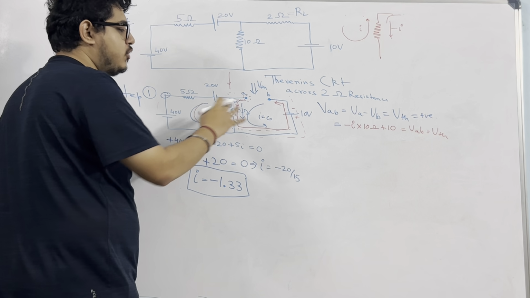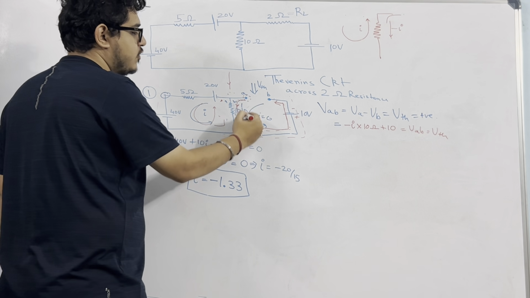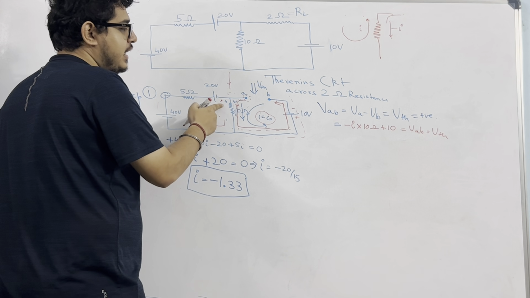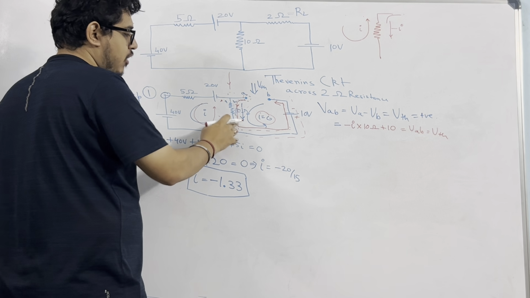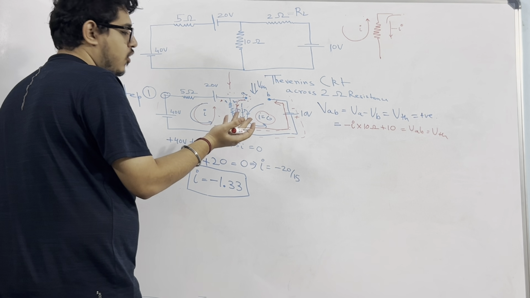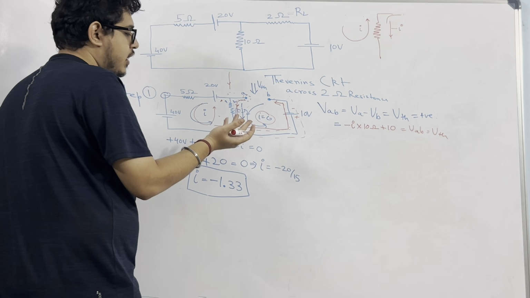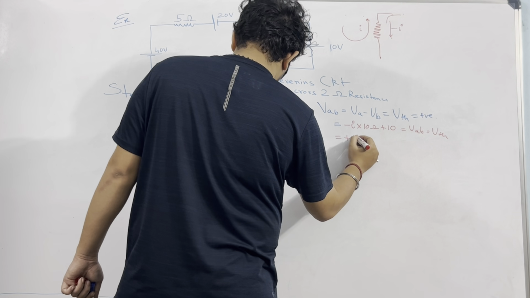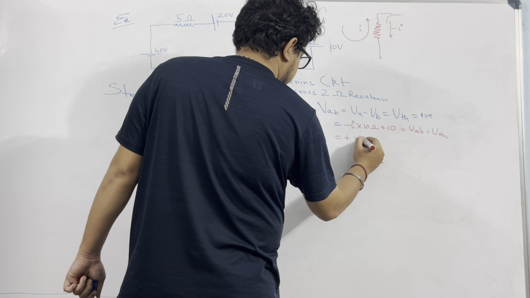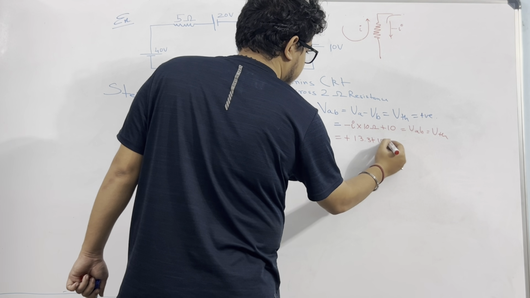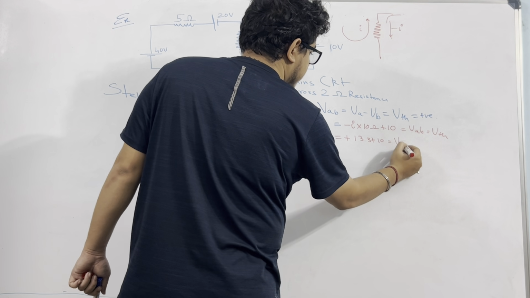I2, I3, I2 is not present here because no current is flowing. Only this current I is present, but from up to down it's minus I, and if you go down to up it's I. But already the I was negative, so minus becomes plus, equal to plus 10 into 1.33, 13.3, plus 10 equal to VTH.